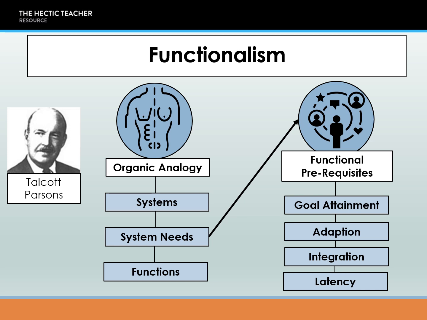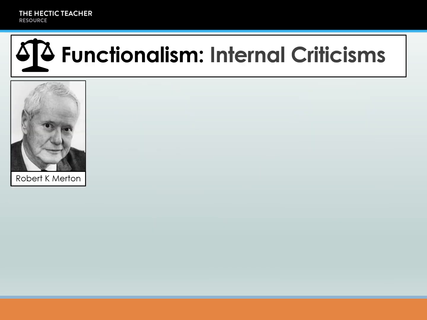Now, when we look at functionalism, let's face it, you can even immediately go, I'm not quite sure about this one. There are elements of it that are still useful, and there are elements where we can see, yes, that works, I can see that in the society in which I live.